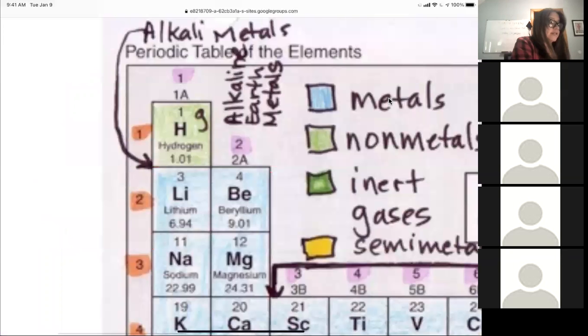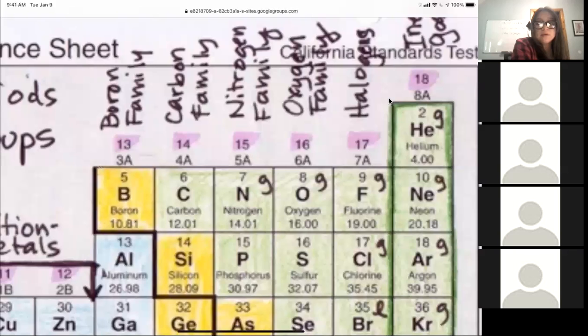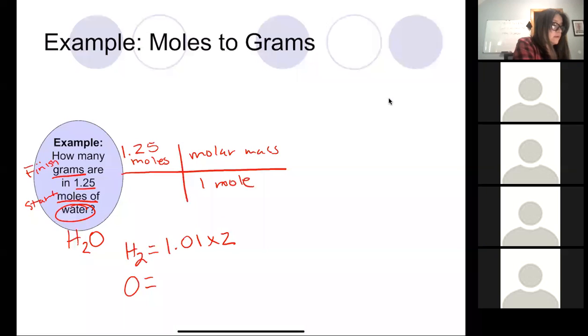What is the mass of oxygen? 16.00. So 1.01 times 2 is 2.02. 2.02 plus 16 gives us 18.02.